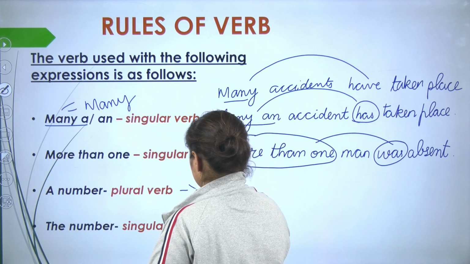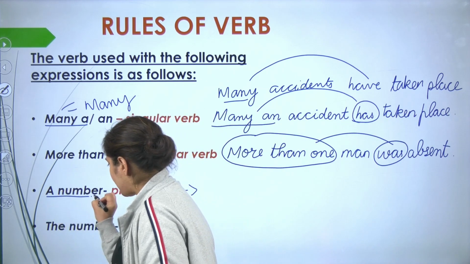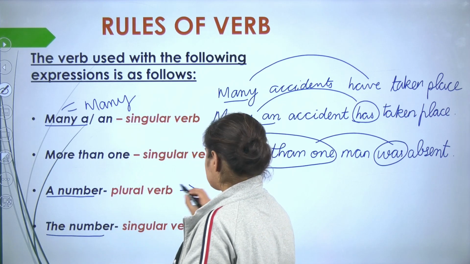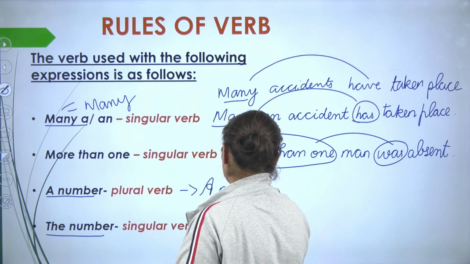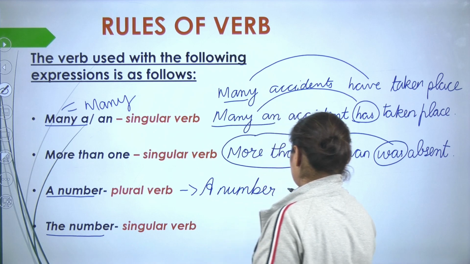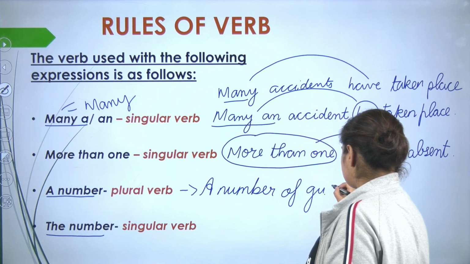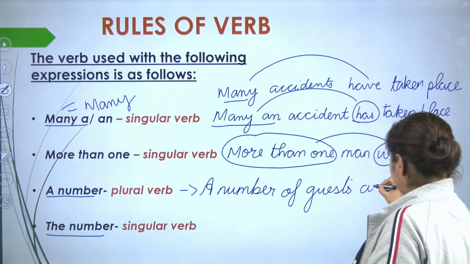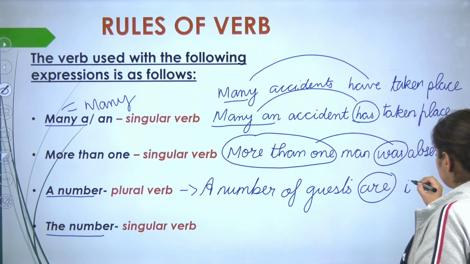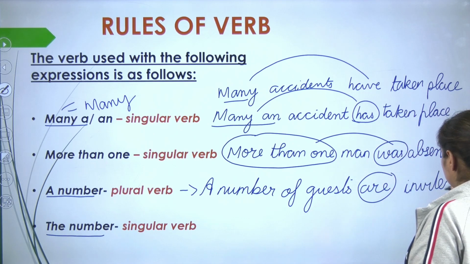Now, here: "a number" and "the number". The difference is, "a number" is plural. For example, a number of guests are invited. Why "are"? Because with "a number" we always use plural.